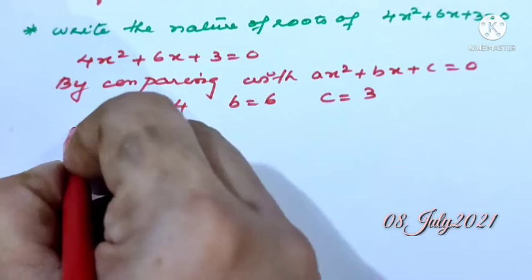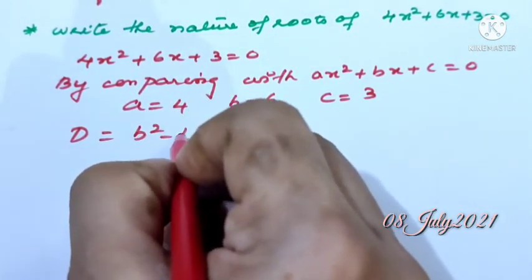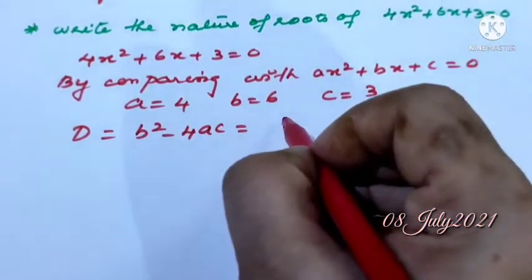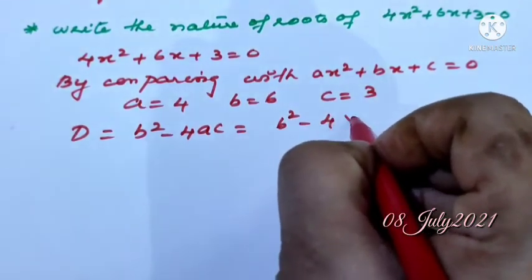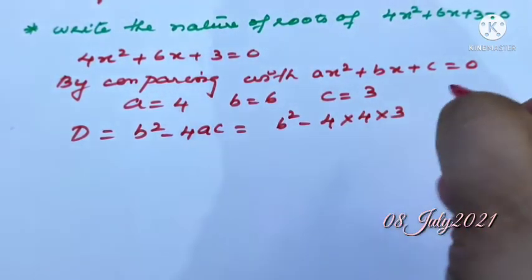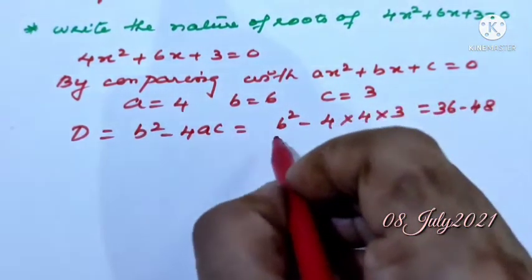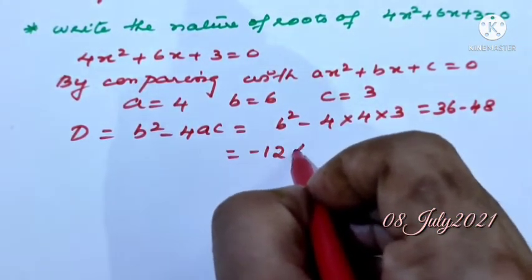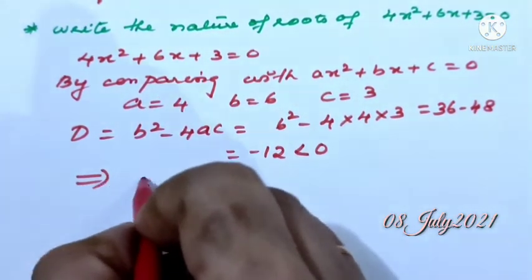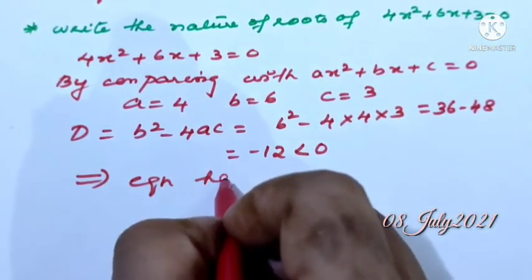Now what is the discriminant? b square minus 4ac. b square is 6 square minus 4 into 4 into 3, that is 36 minus 48, it is equal to minus 12, which is less than 0. This implies the equation has no real roots.